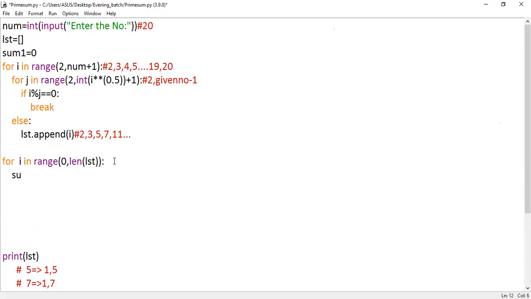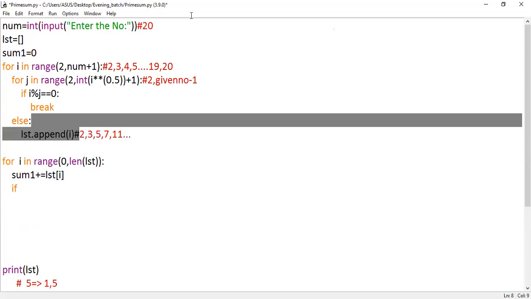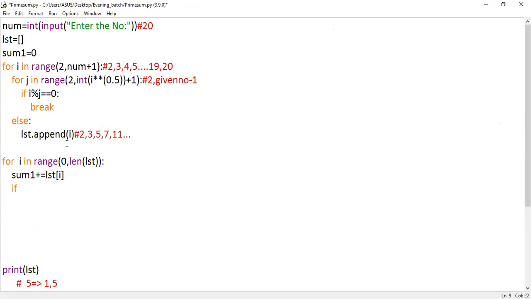So here sum1 plus-assign list of i. The first number will be added to the sum. And here we are supposed to check the range also. I can do the sum of any numbers, like the numbers between 2 to 50, but I should follow this range also.